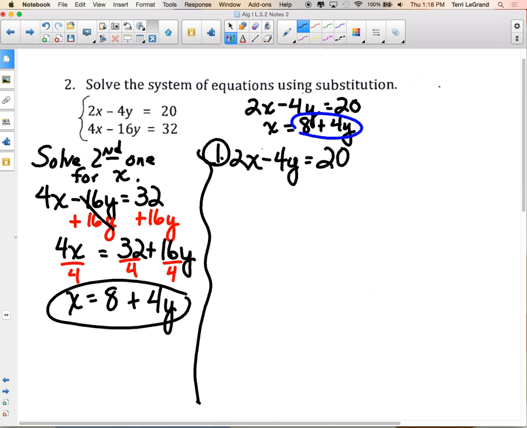And then I know I have to sub in for the x. So I'm going to replace the x with the expression. It is equal to, in place of that x, carry along all of the rest of the equation. Okay, you got this. Get that solved for y. Get our y value, please.